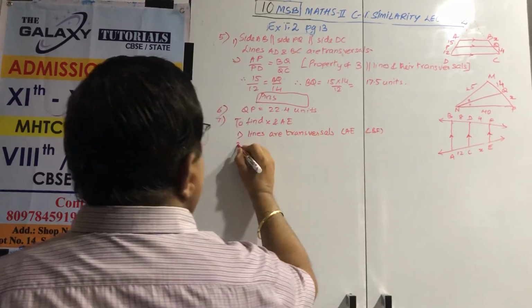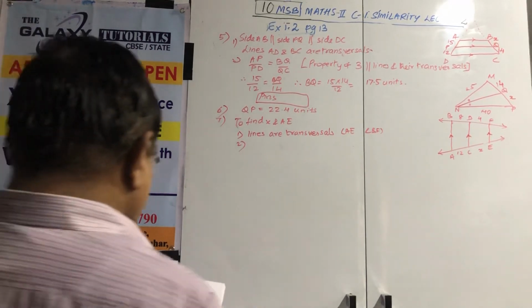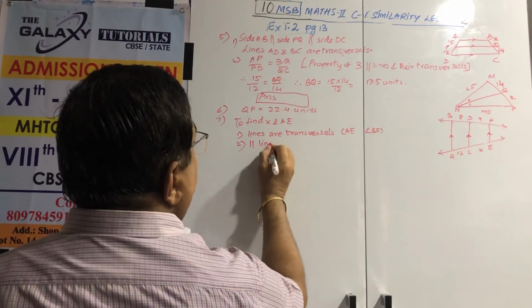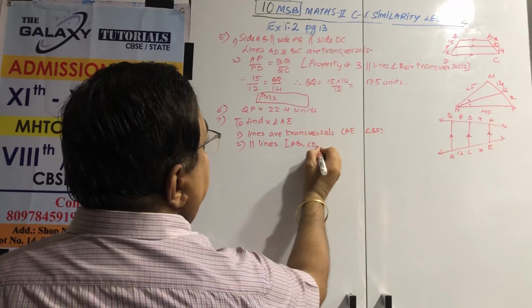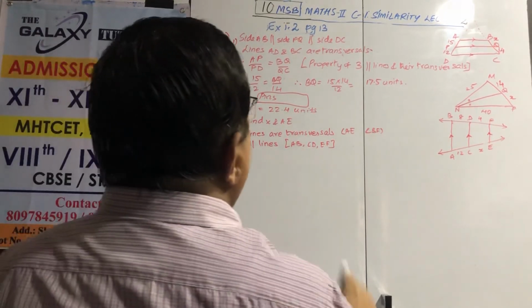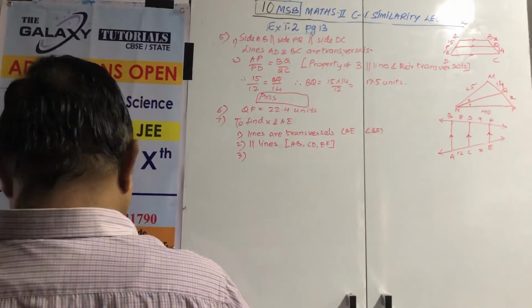Remember, the second point you are doing in this case is that these are parallel lines you are writing, that is AB, CD and EF. Third, you will be writing about ratios, 3 parallel lines and their transversals.